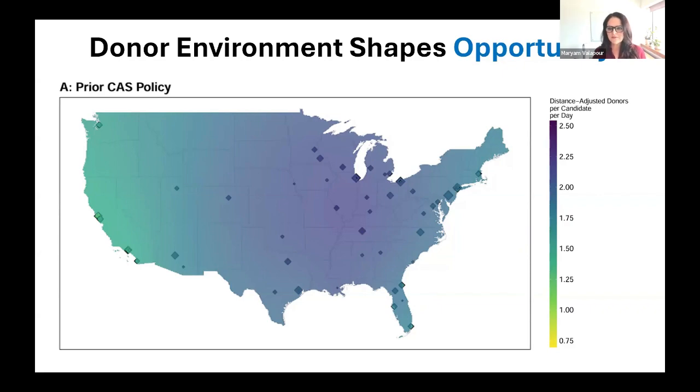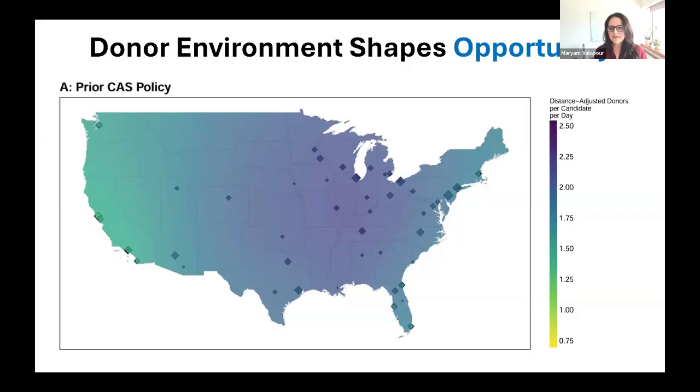Let me orient you to this figure. Each diamond in the figure represents a lung transplant center. The larger diamonds represent centers with larger waiting lists. The color reflects donor opportunity per candidate. Darker colors indicate a greater number of donors, and the lighter colors indicate a lower number of donors.